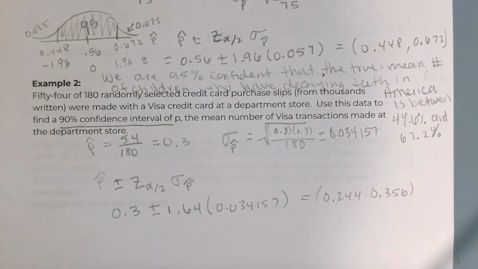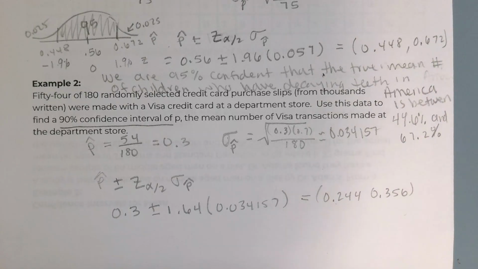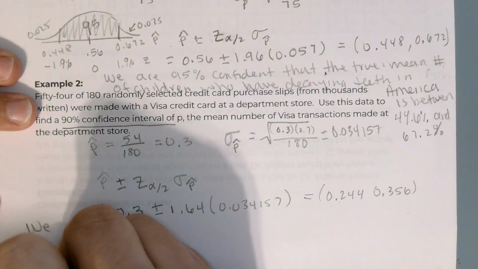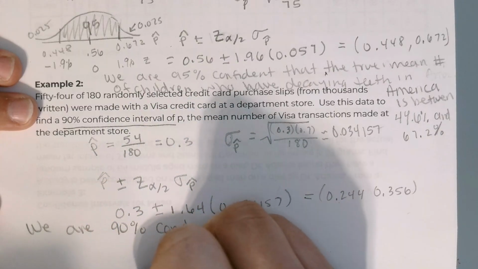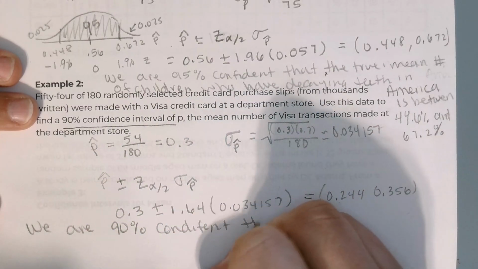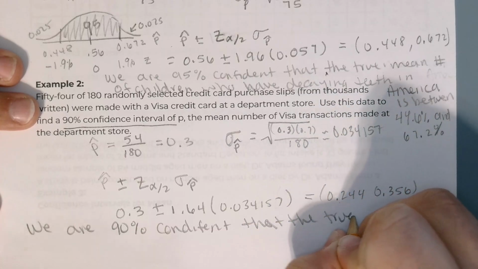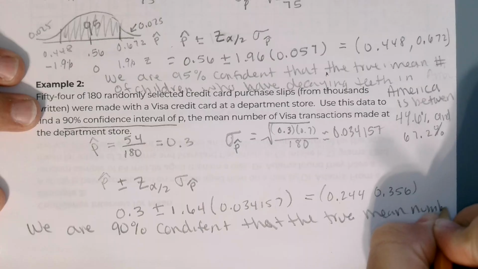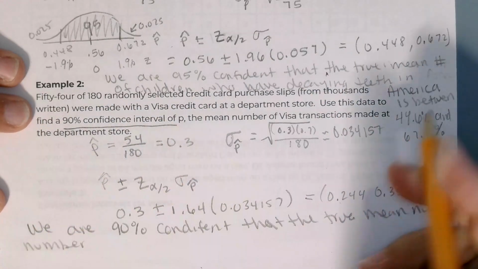You just plug that into your calculator and it'll give you some numbers. I don't recommend doing that by hand. Okay, so we can say that we are 90% confident that the true mean number, and basically right here I am copying the question again.